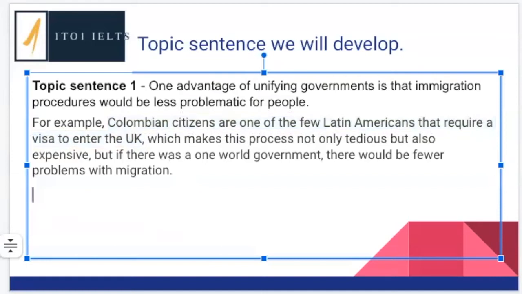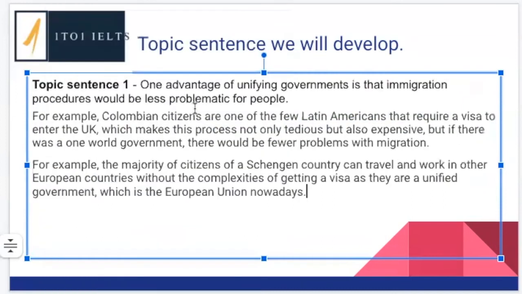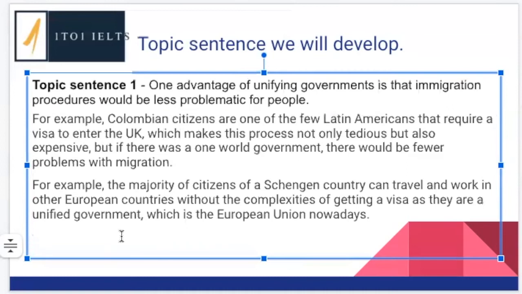Okay, we've got one from Mary here. For example, the major citizens of... pretty sure Schengen is without the sea. Oh no, you're right, sorry. Your teacher can't spell. The majority of citizens of a Schengen country can travel and work in other European countries.